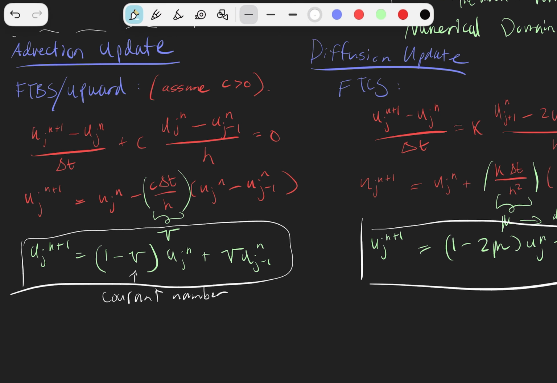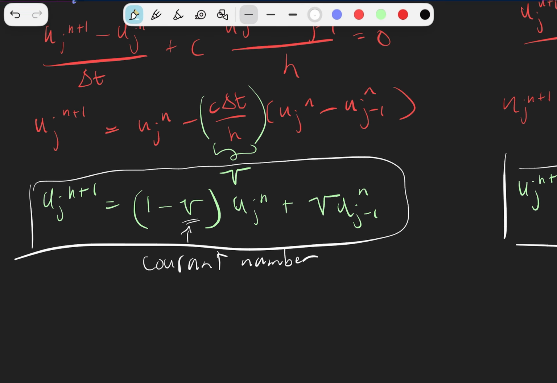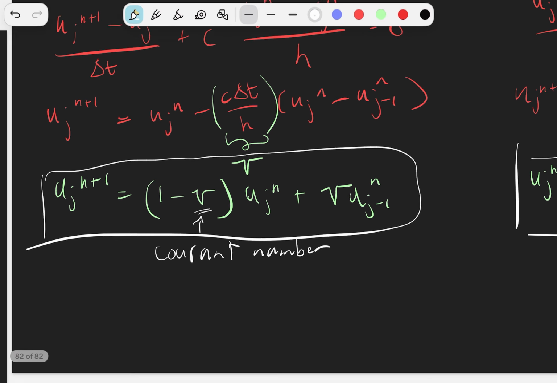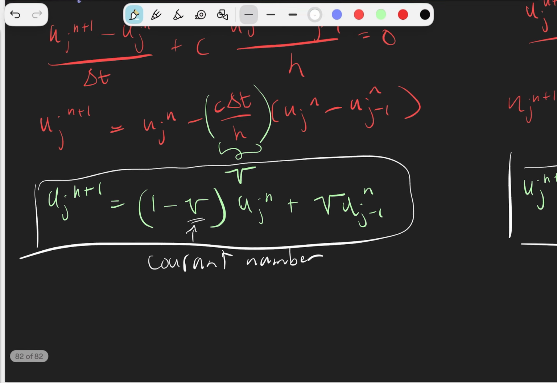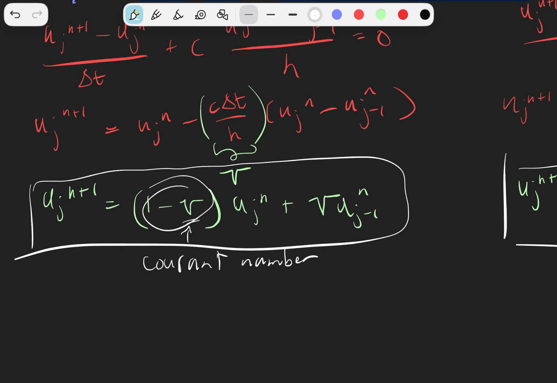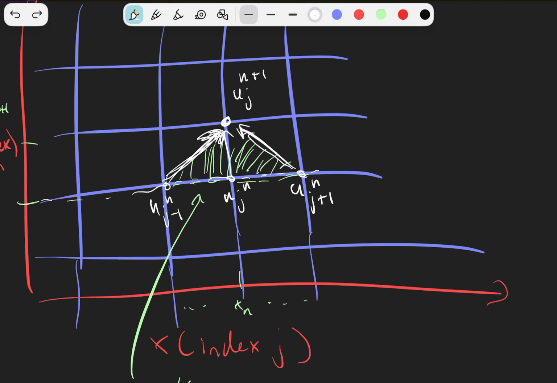So the machine says the wave moves at a fraction nu of a grid cell. So I can take nu parts of my neighbor and keep 1 minus nu parts of myself. Maybe that doesn't make sense, but this feels pretty safe.